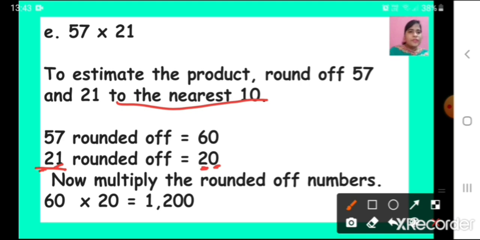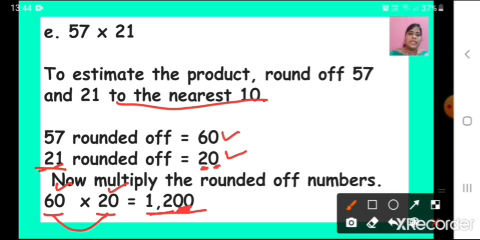So after we have got the rounded off numbers, we have to multiply. 60 multiplied by 20 and we will get our estimated product. Okay. 6 twos is 12. So you can write your number 12 and then you can put here 2 zeros. So here 2 zeros are given in 60 and 20. So write here 2 zeros at the end.